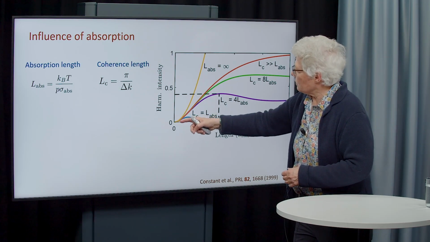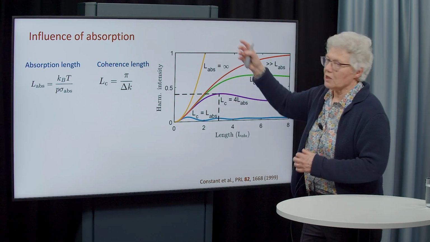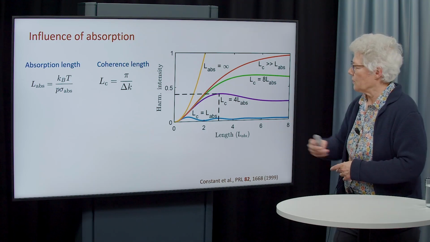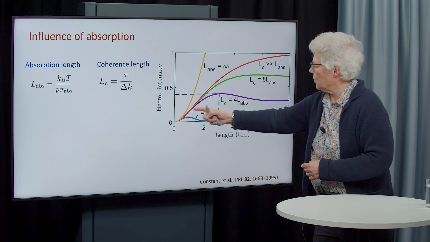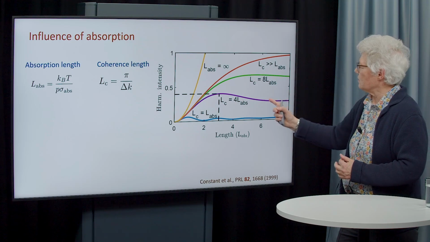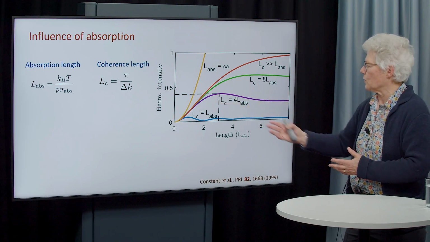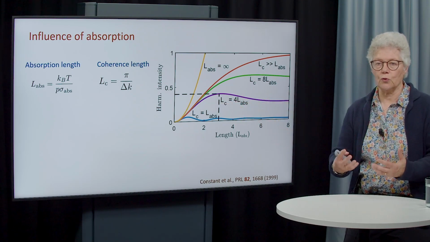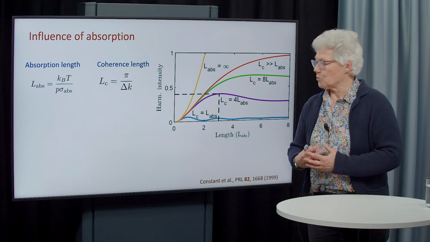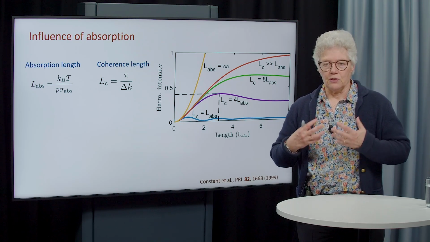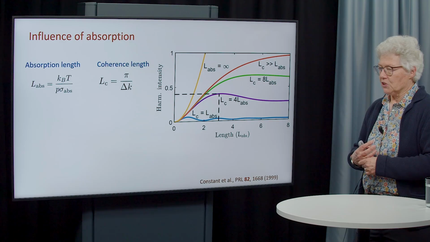And the case in yellow is for an infinite absorption length, but you have different cases. An interesting case is where the coherence length is equal to 4 times the absorption length, which means that there is a good phase matching.